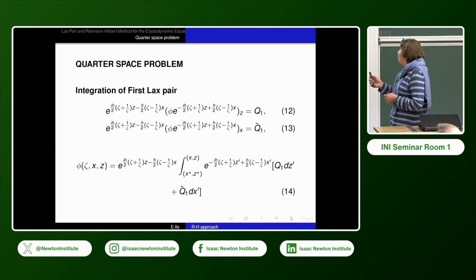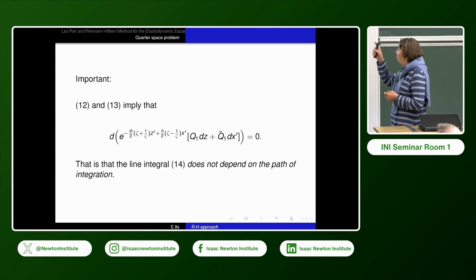It's conservative because we could show, using the system, that the complete differential of the integrand is 0.